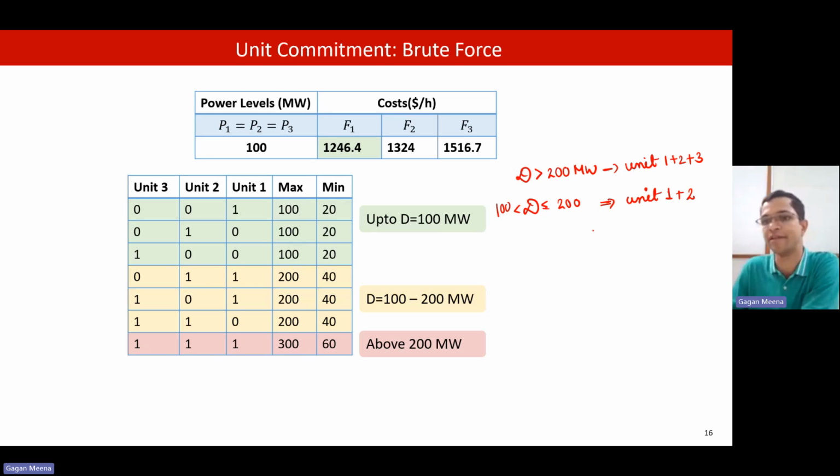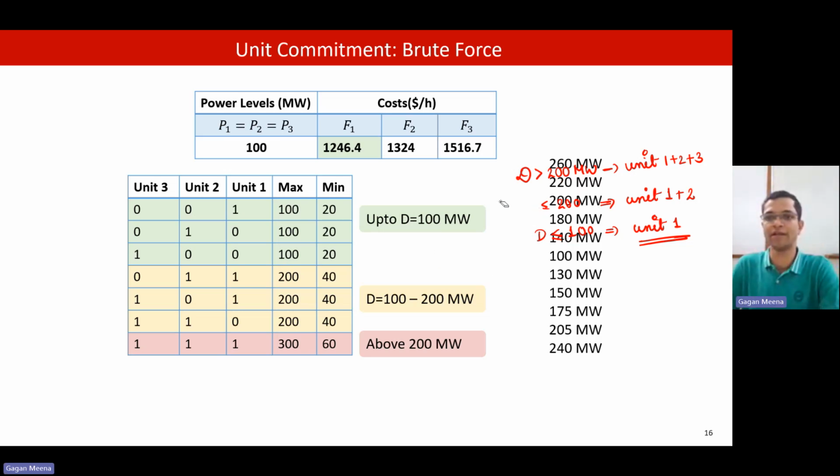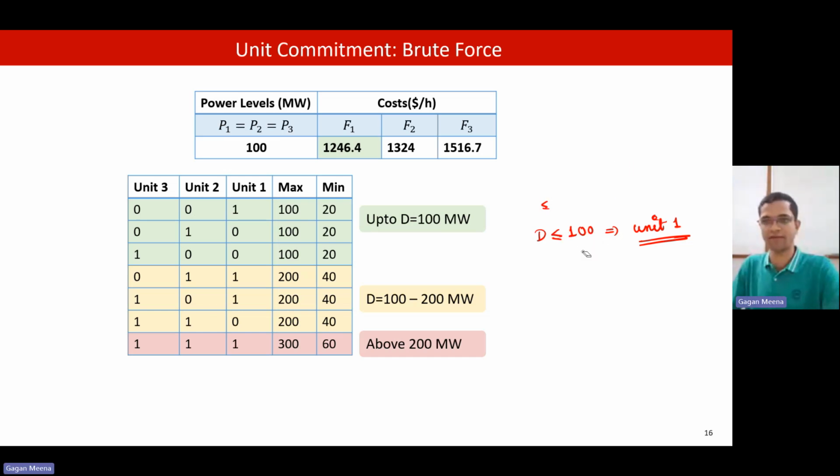I will drop unit 3. And if demand is less than 100, up to 100 megawatts, then I will use only unit 1. Here we can see the average cost is minimum for unit 1. Here these 3 have the same maximum, that's why we are getting this. Otherwise these values change.